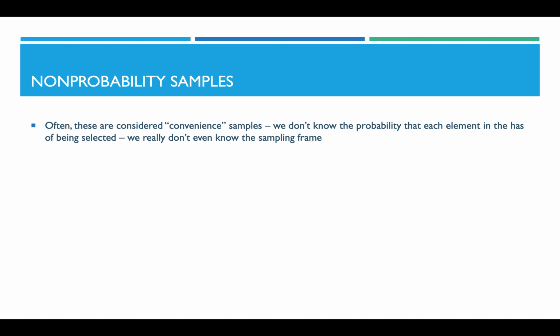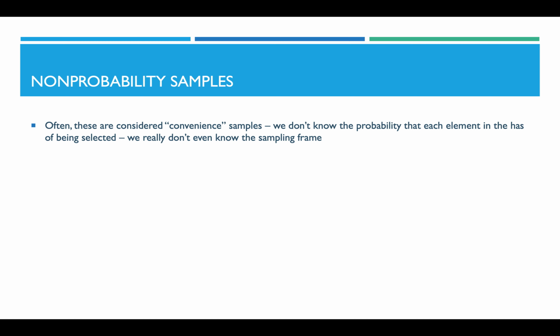So those are all examples of probability sampling, and we said at the get-go that probability samples are preferred to non-probability samples. Nevertheless, non-probability samples are very common in social science research. Often, these are what we call convenience samples.